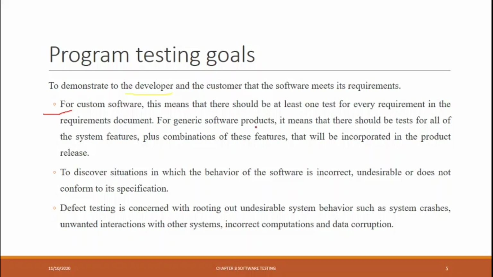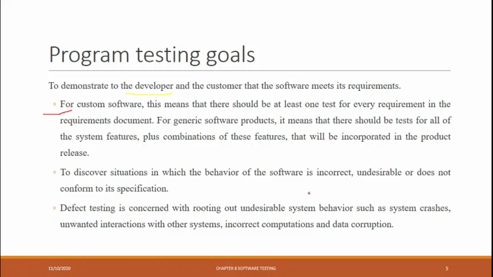For generic software products, it means that there should be a test for all of the system features plus combinations of these features that will be incorporated in the product release. This is the first distinct goal of the testing process.